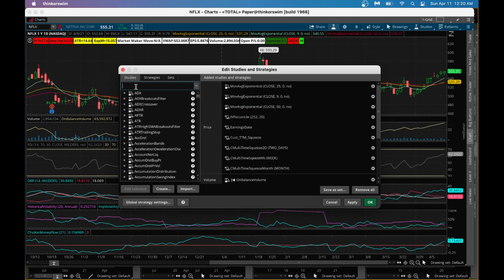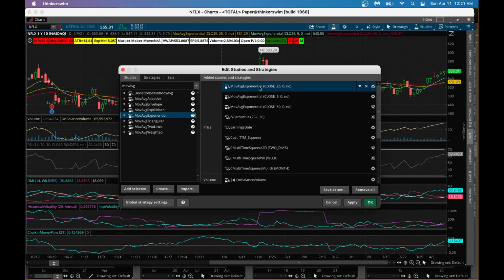You can type MOV AVG, so I got moving average here. Exponential, this is the one I added.